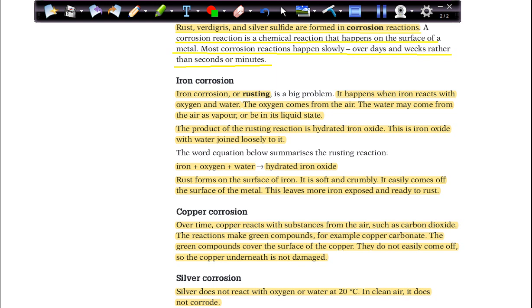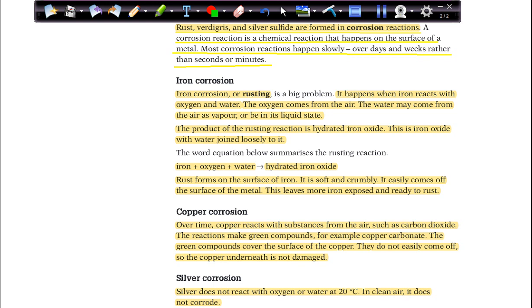This reaction happens because of the reaction of the metal's surface with the air. If the air contains water, the water and oxygen can join the metal and form this layer that we call corrosion.